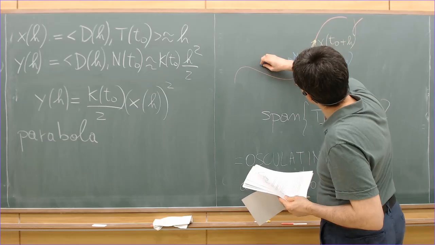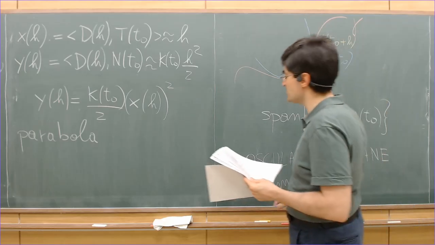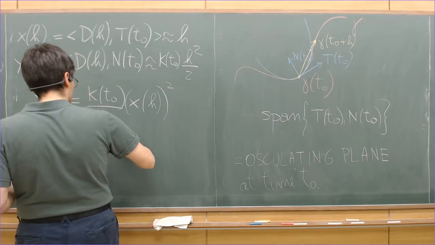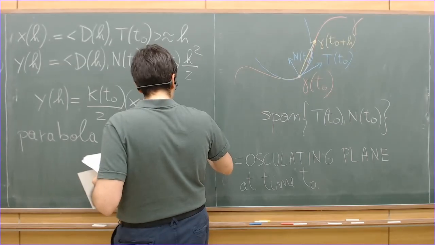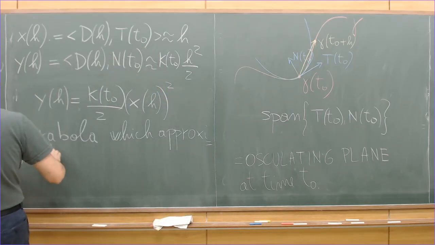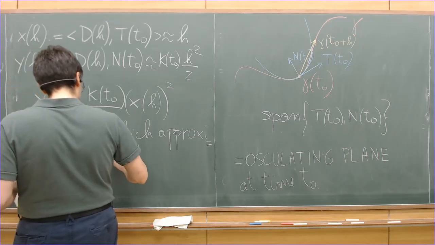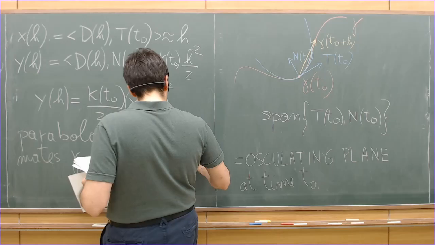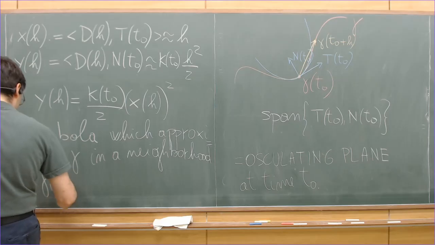For example, let's suppose, and this parabola approximates gamma in a neighborhood of gamma t0.